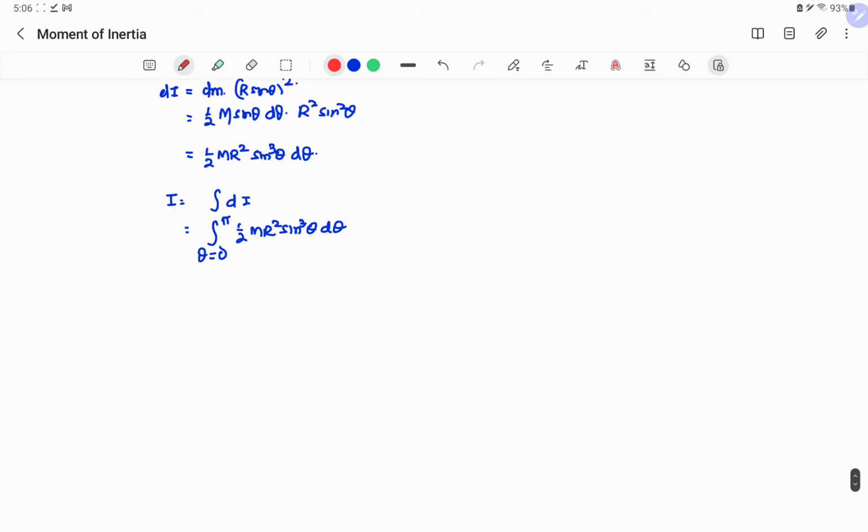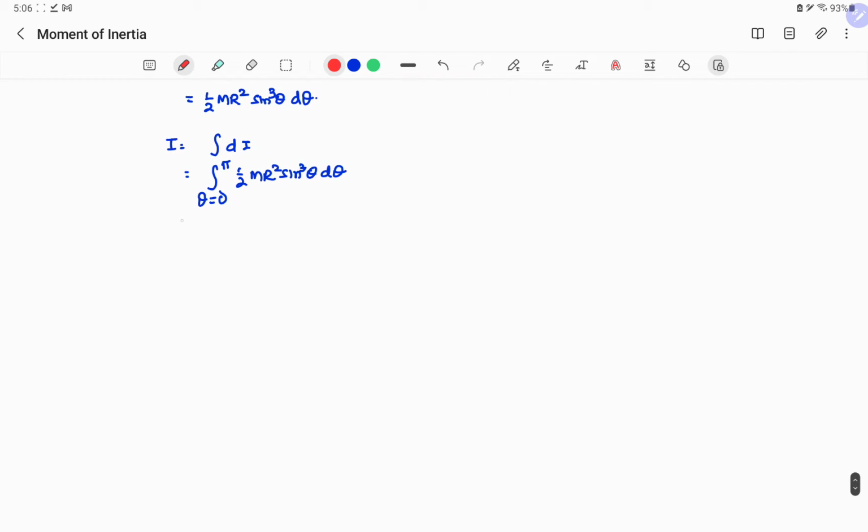So we can now calculate that I diameter for the hollow sphere is equal to integral theta equal to 0 to pi of 1 by 2 m r square sine cube theta d theta.